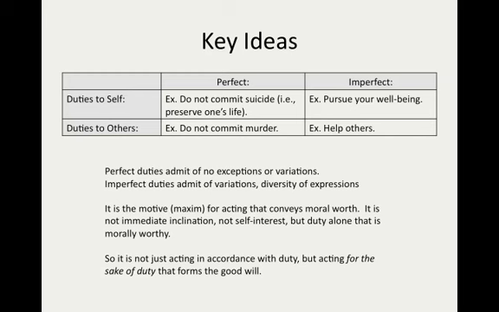I mean, which others are you going to help, and how are you going to help them? Are you going to send them money? Are you going to go volunteer your time? Are you going to help to build buildings? How are you going to do it? Well, there's lots of variations and diversity of expressions of that help, but the point is to help. So that's the difference between perfect and imperfect duties and duties to yourself and to others.